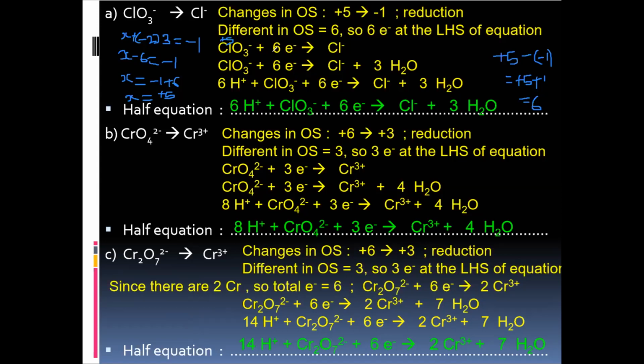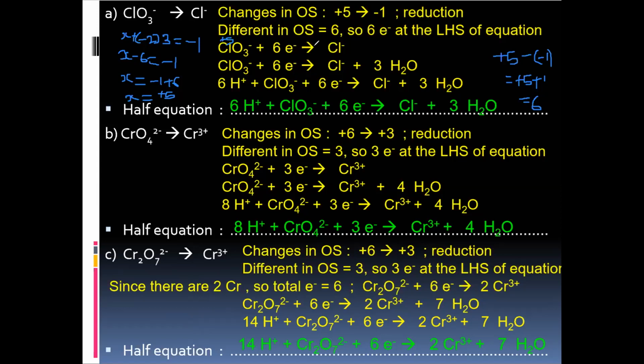If you are able to commit to memory that for reduction you put it on the left hand side, then fine. But if you are not able to commit it to memory, it's better that you understand how we come about putting it on the left hand side to balance the charges. This is +5. This is 6 times -1, that's -6, +5 minus 6 is -1, which is balanced with the other side of the equation. So 6 will be here.